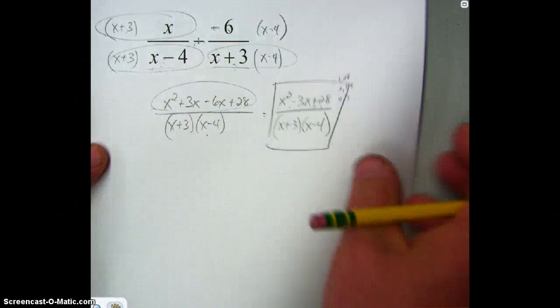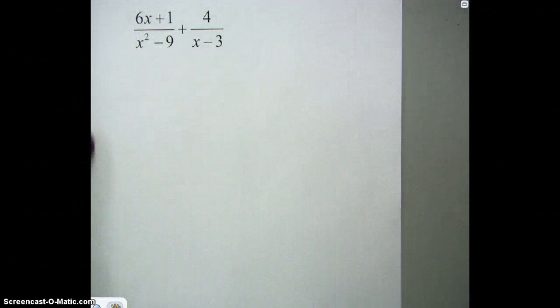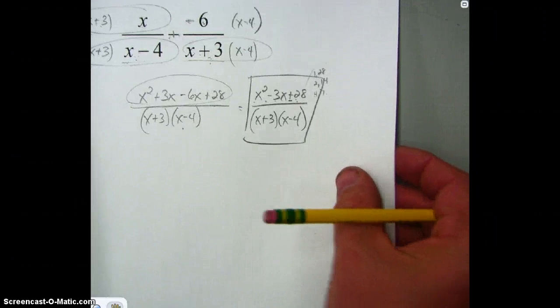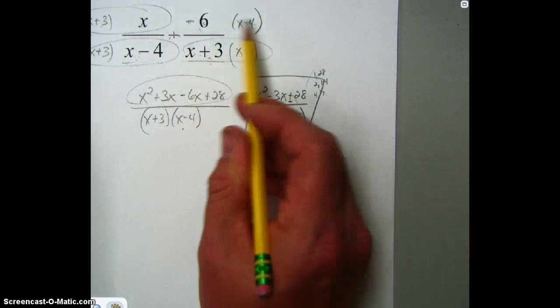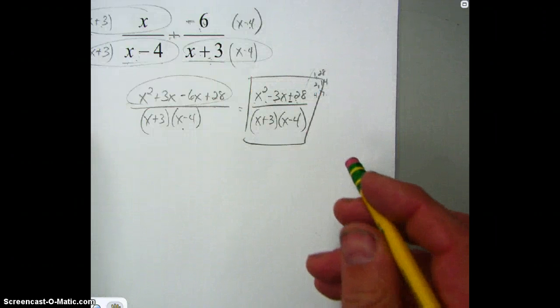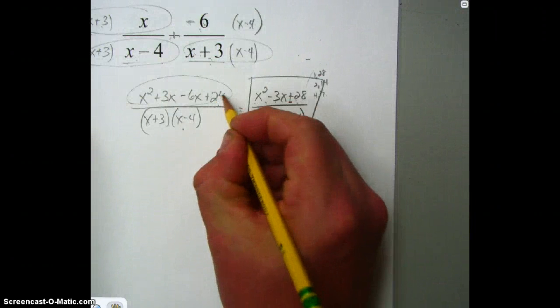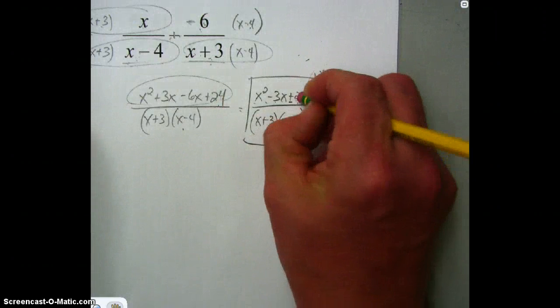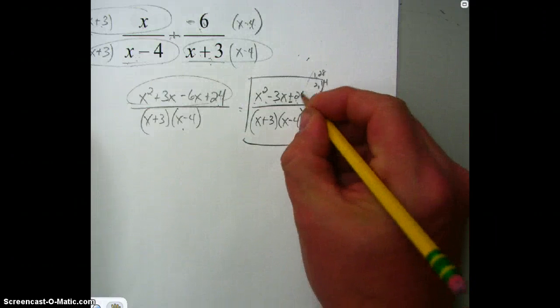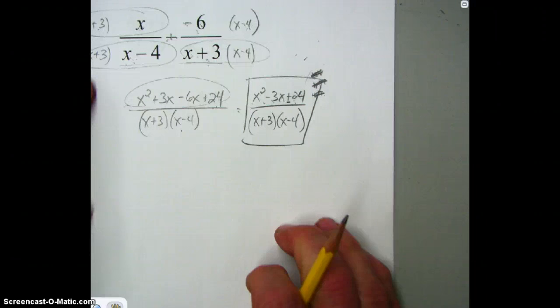Wait, 6 times 4 is 24. Did you write 28? Oops. Negative 6 times negative 4 is positive 24. All right, so that changes things. Let's try it again.